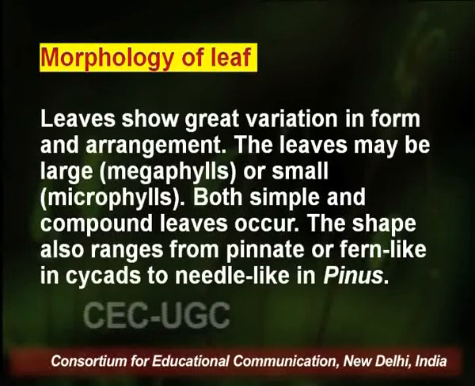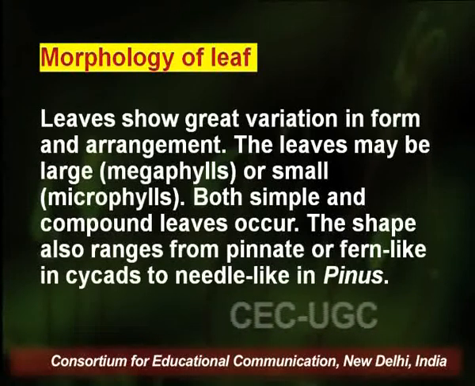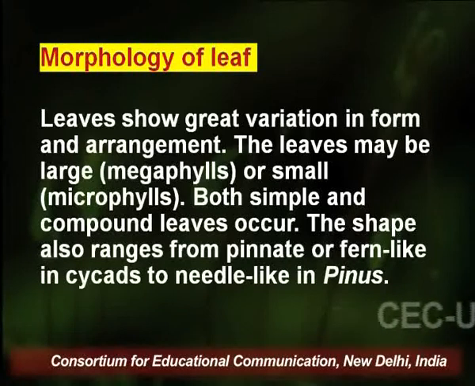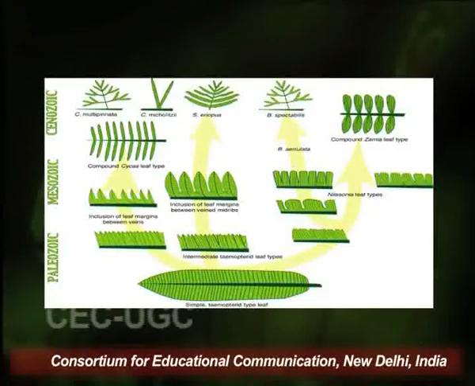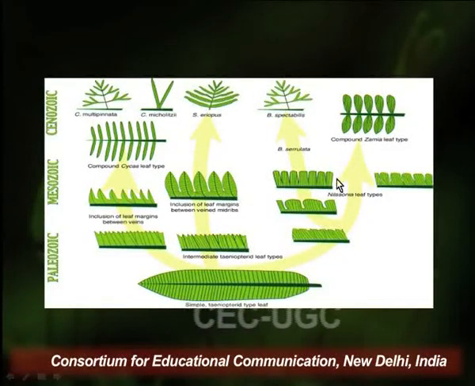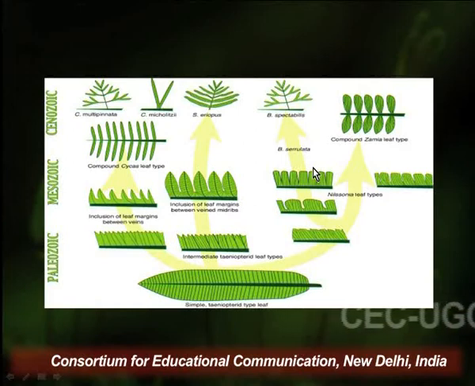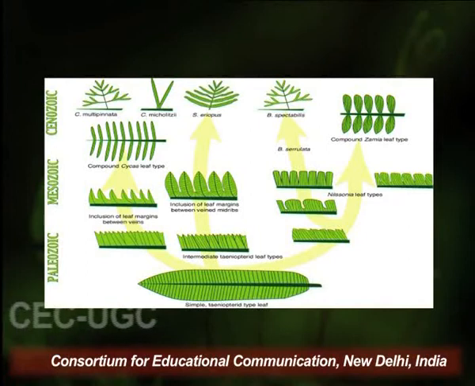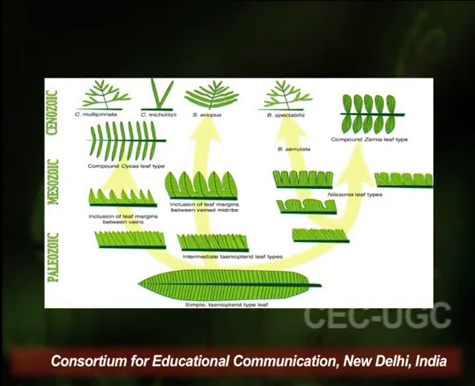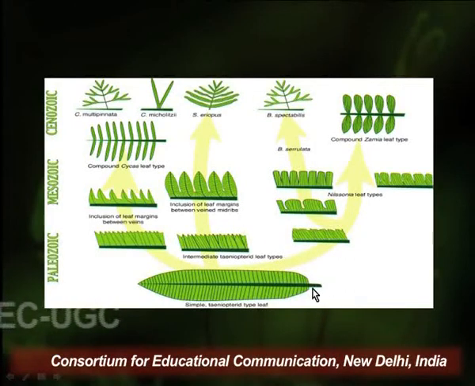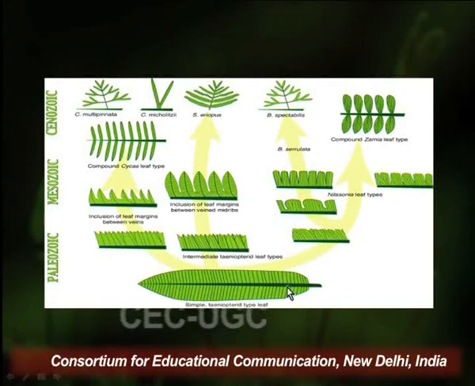Both simple and compound leaves can occur, and the shape also ranges from pinnate or fern-like in cycads to needle-like in Pinus. Here, there is an interesting diagrammatic representation of various types of leaf. When we talk about morphology of leaves, we will encounter almost every type of leaf which has been shown in this diagram.